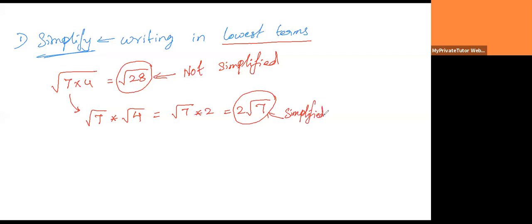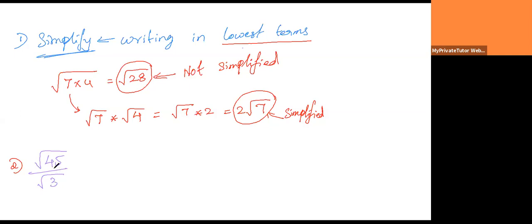So in exams, you're going to get simplified and non-simplified questions, I mean, simplify the radical signs, or rather the square roots. Let's try one more question. So how do you simplify square root 45 divided by square root 3?